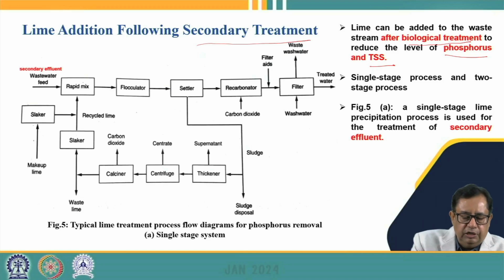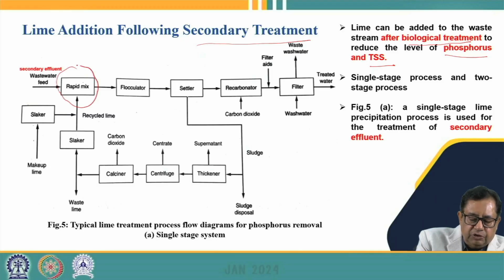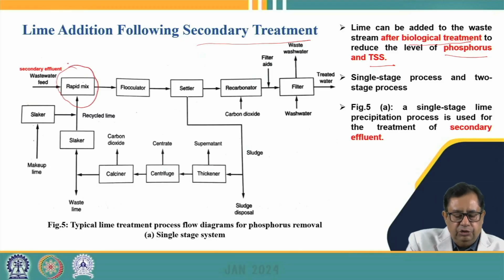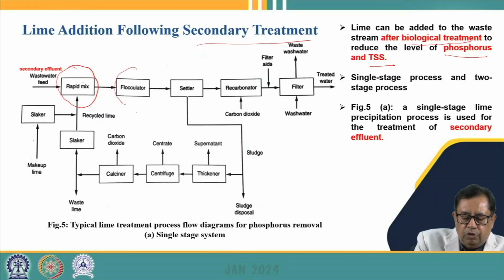In the single stage process, the secondary effluent is taken to a rapid mix first of all, where the lime is mixed vigorously, and then later on it is taken to the flocculator where the flocs are formed at slow RPM values, which leads to the formation and enlargement of the flocs in the flocculator.